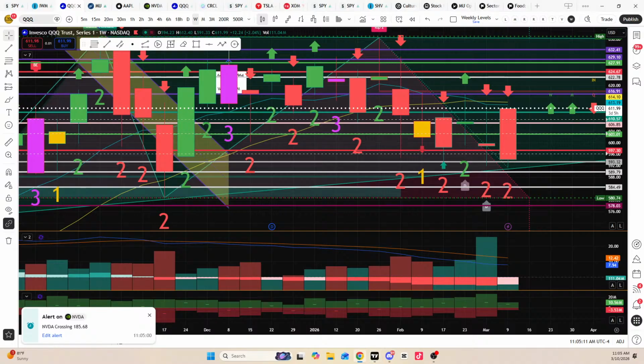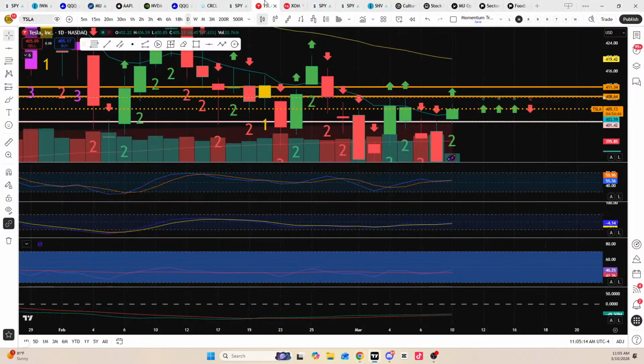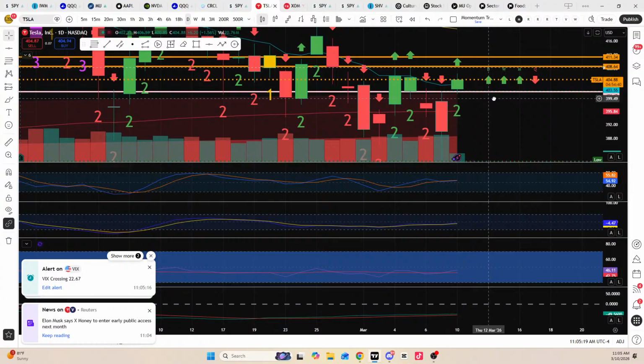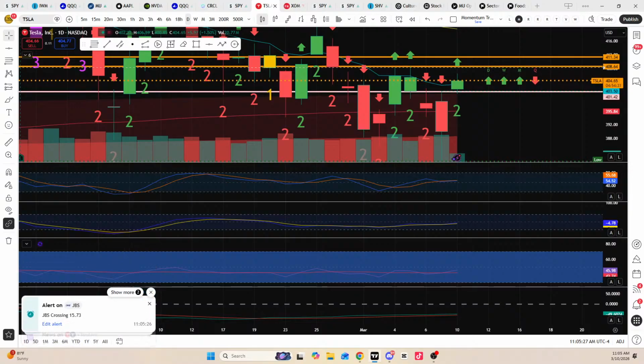So the gamma flip for Tesla was at 391, which makes sense. They have heavy positive momentum going up to 410, like I said. So you may get some sell-off after 410 gets hit.